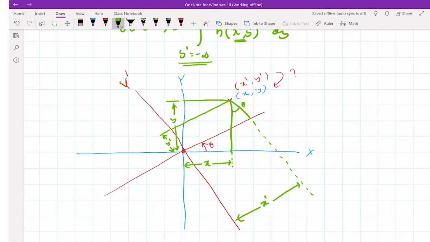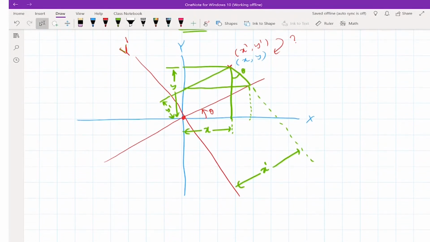And what else? Let me draw a dotted line here, also drawing a perpendicular here.